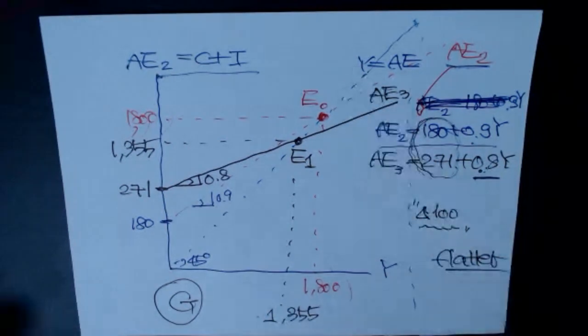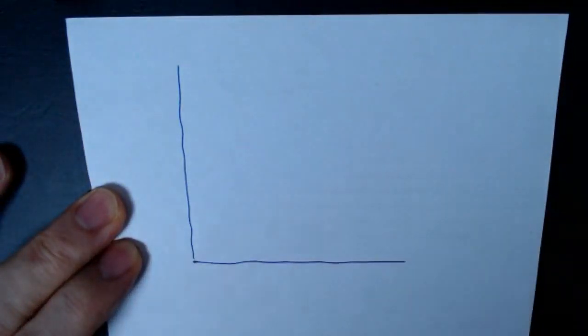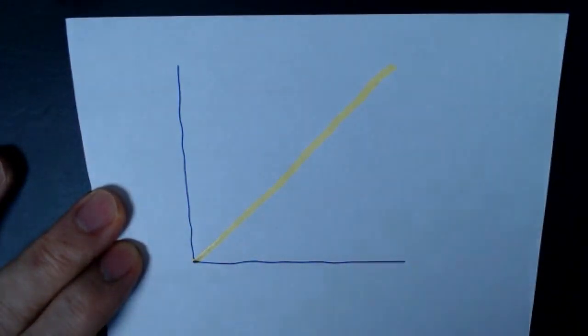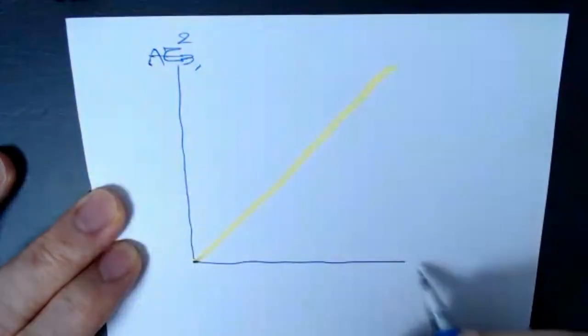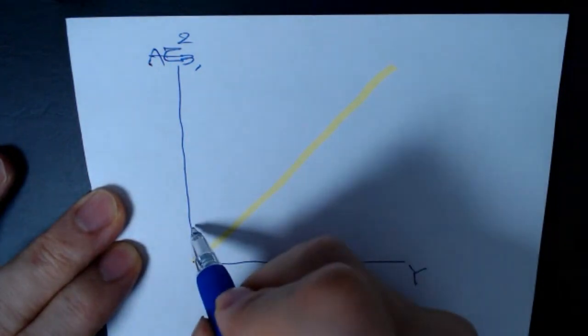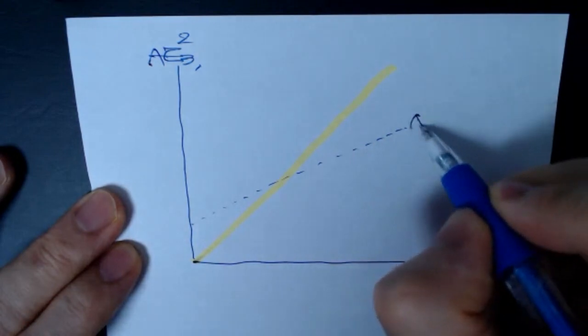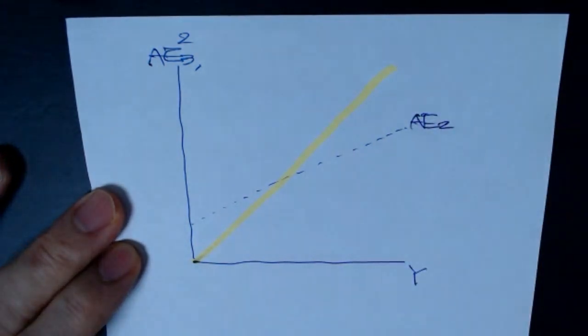Okay, so let me draw a new one to explain again, right? So a typical two-dimension graph, and let's have just a 45 degree line like this one. So we have AE2, AE3, Y. And then just draw one graph which represents AE2.